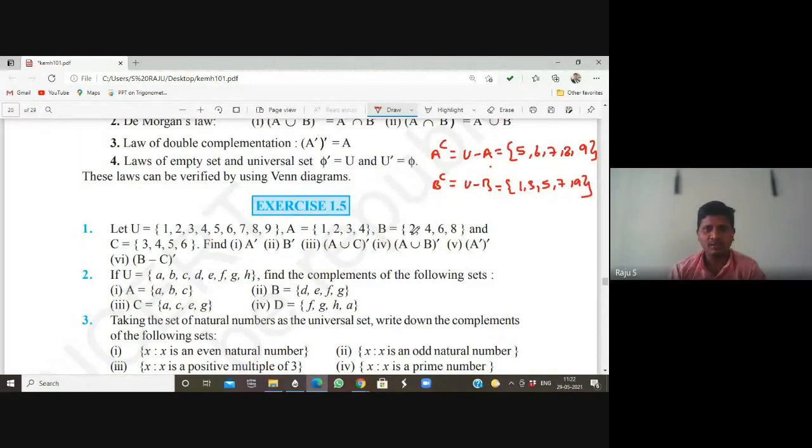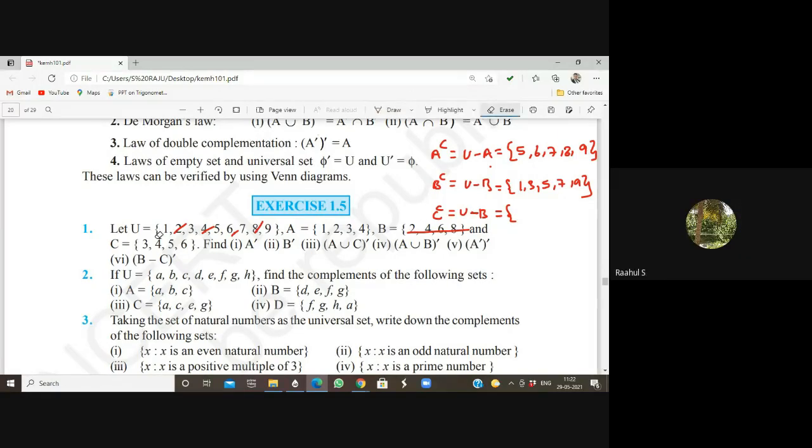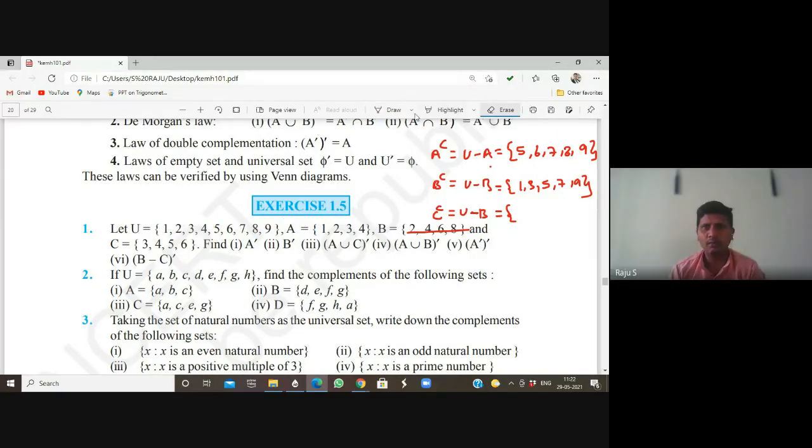Is it right, students? 2, 4, 6, 8 cancel, remaining elements. Right. C complement, they did not ask, even though. Tell me what is C complement? 1, 2, 7, 8, 9. Is it right? Okay, 3, 4, 5, 6 cancelled, right.